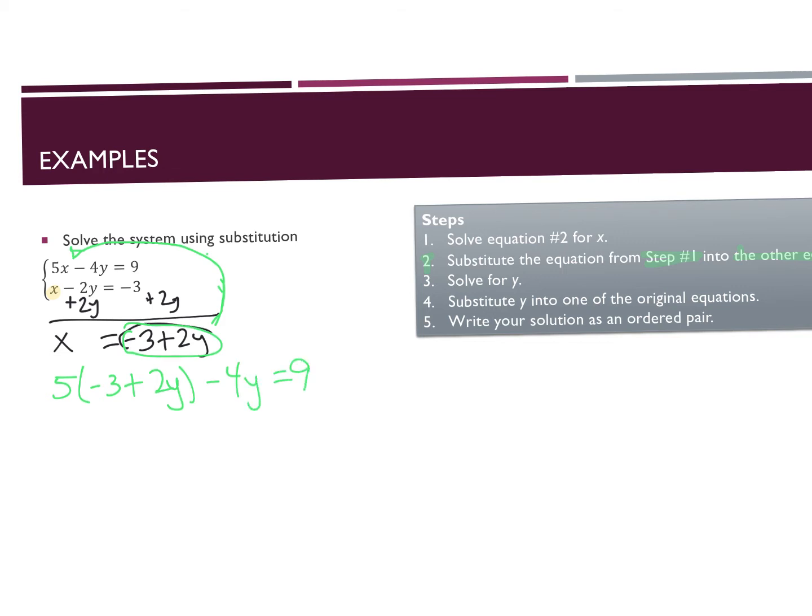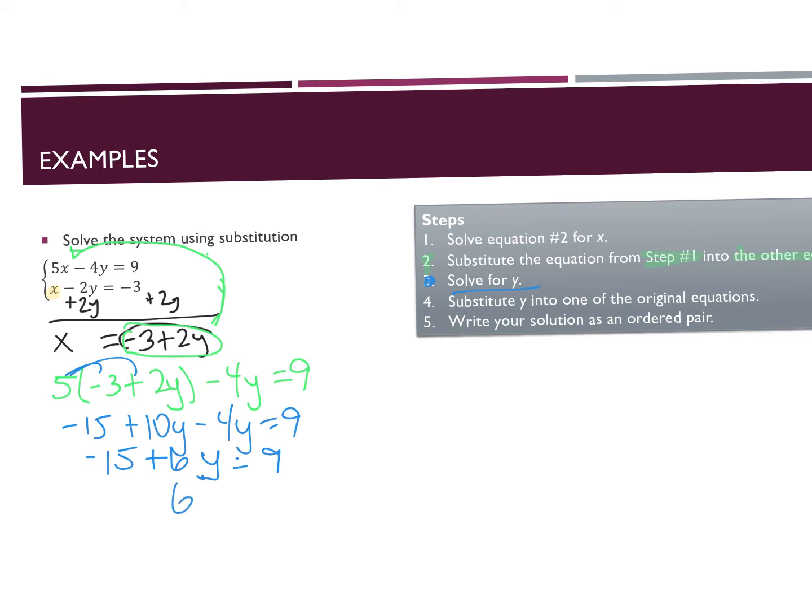Now, if we look at our step 3, now we're going to solve for y. So in order to do so, we'll distribute the 5 through, -15 plus 10y minus 4y equals 9. Combine like terms, -15 plus 6y equals 9.